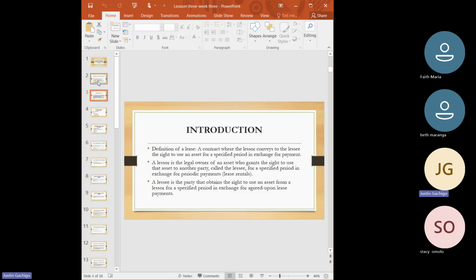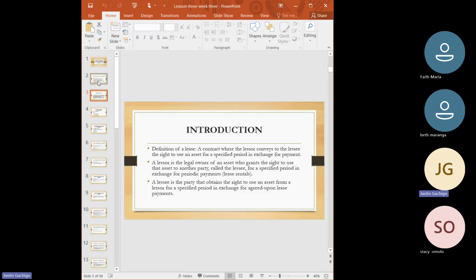The landlord or the lessor is the owner and gives you the right to use that property for a specified period, maybe 1 year or whichever period you have agreed, in exchange for periodic payments. And these periodic payments are called lease rentals.